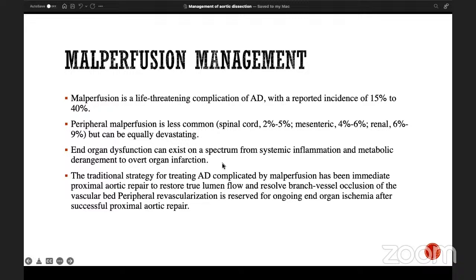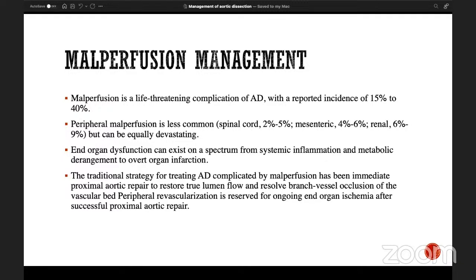End organ dysfunction can range from systemic inflammation to overt organ infarct. The usual tradition for managing such a patient is to treat the proximal aortic disease first in order to restore the true lumen flow. Most of the time, restoring the flow through the true lumen will obviate the malperfusion, especially if it's due to dynamic malperfusion.